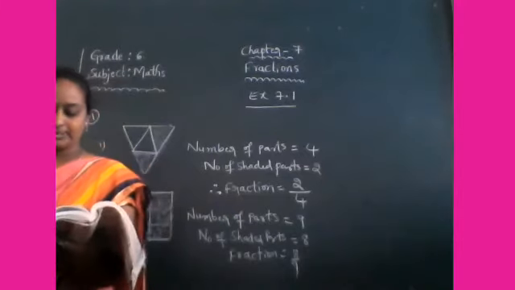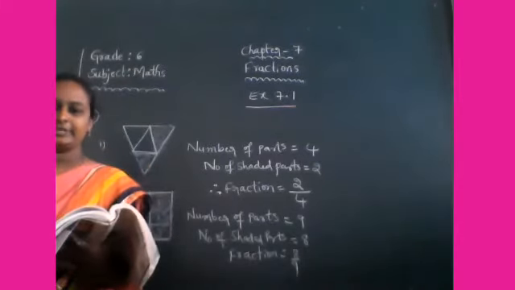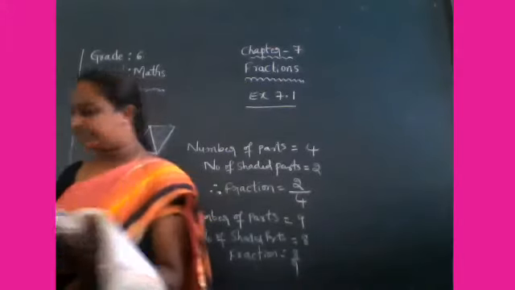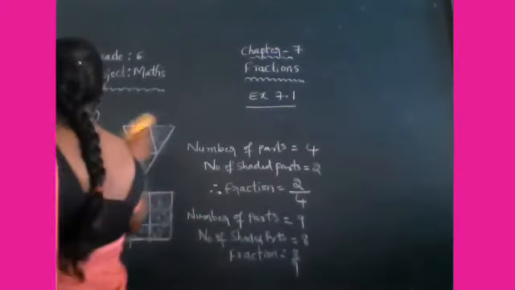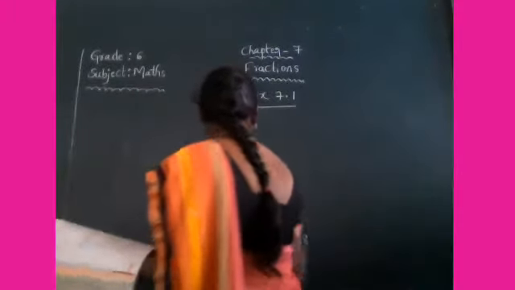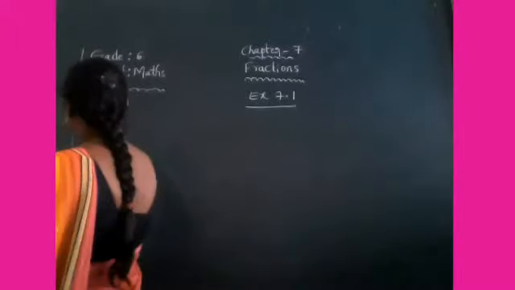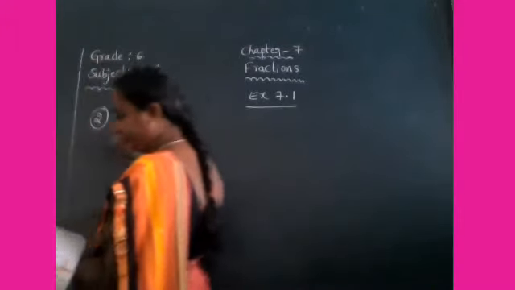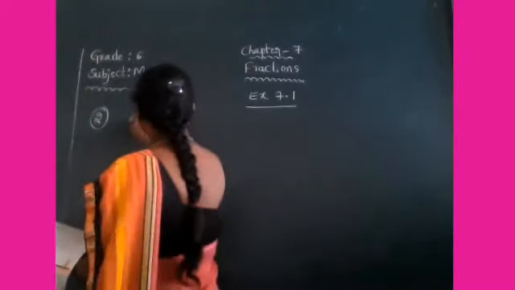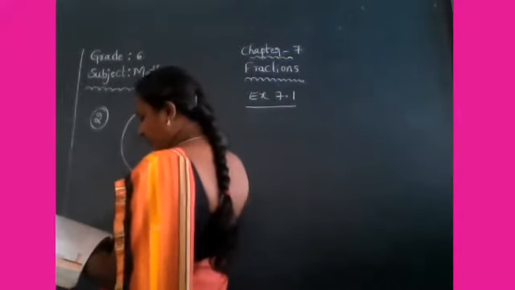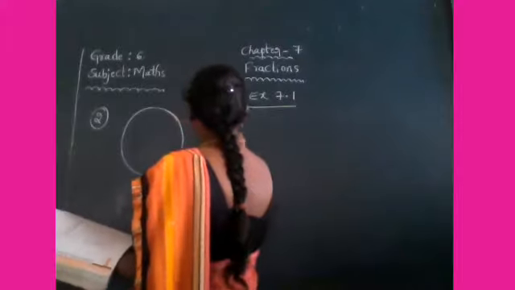Color the part according to the given fraction. So what do you have to do here? Coloring. You have to apply color according to the given fraction. First, see here in the second problem, first he has given a circle.